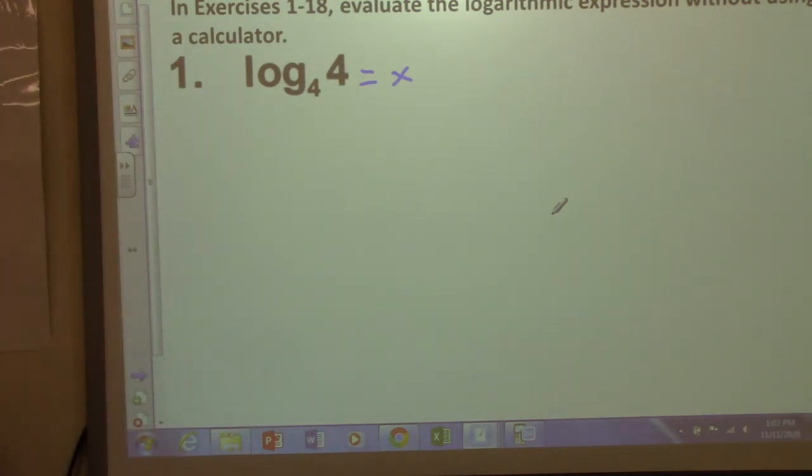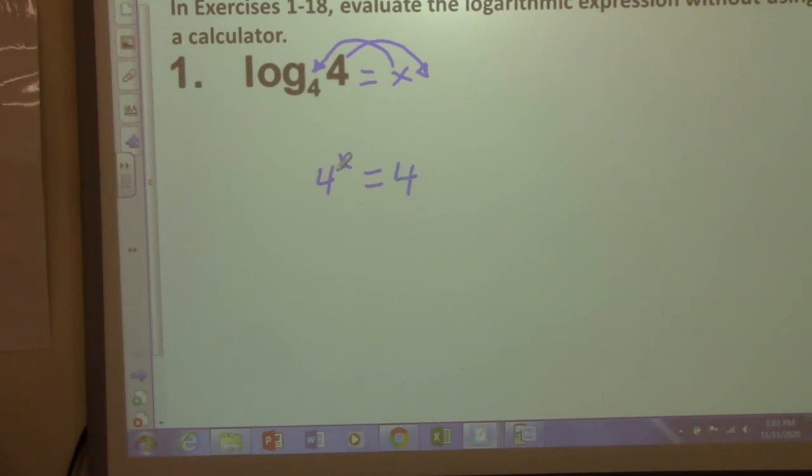But let me show you the workings of what we're going to do. What I'm going to do is change this logarithmic equation into an exponential equation. The base of the logarithm, 4, you take this x over here, so it's 4 to the power of what, and then this argument goes over to the other side.